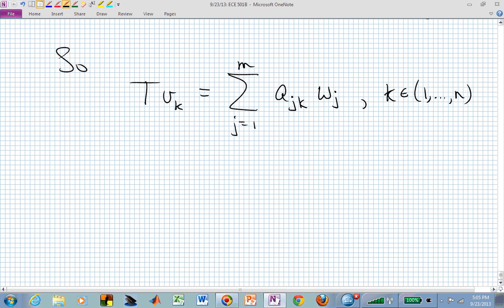Now, what if we rewrite v as, let's say, some linear combination of the basis vectors in capital V?